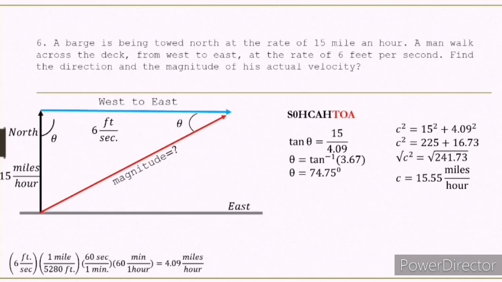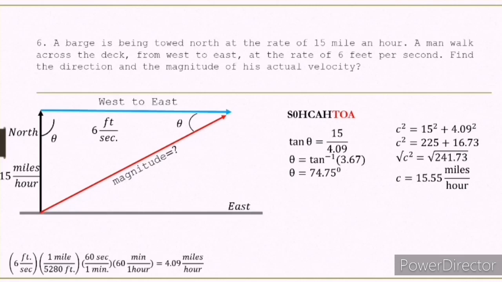So we multiply them all: 6 feet over second, times 1 mile over 5,280 feet, times 60 seconds over 1 minute, times 60 minutes over 1 hour, is equal to 4.09 miles an hour.